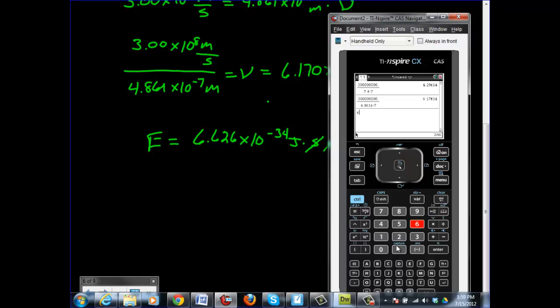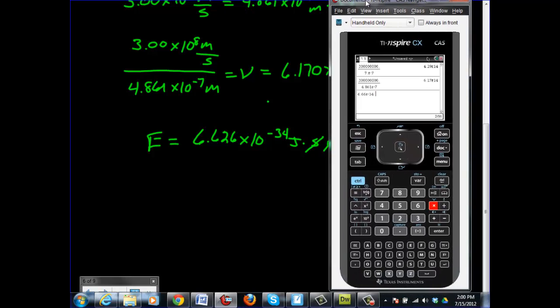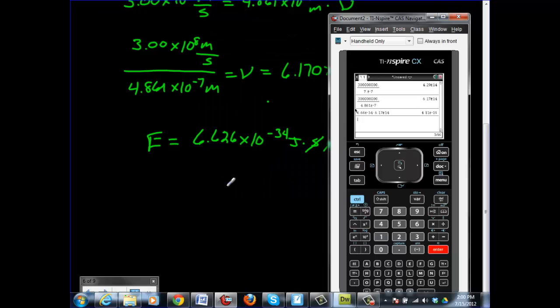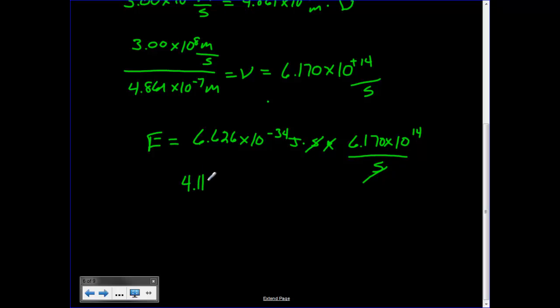So we multiply these two things together. 6.626E negative 34 times 6.17E positive 14, and we come up with 4.110 times 10 to the minus 19th joules.